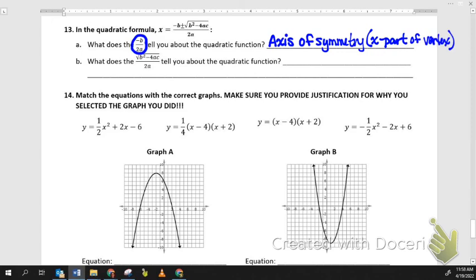Close. Remember, quadratic formula helps us find what? This finds x-intercepts. So those x-intercepts are always going to be equally spaced from the vertex, from that axis of symmetry. So the -b/2a finds the center, and then this part right here is how much you're going to add and subtract to get to the roots.